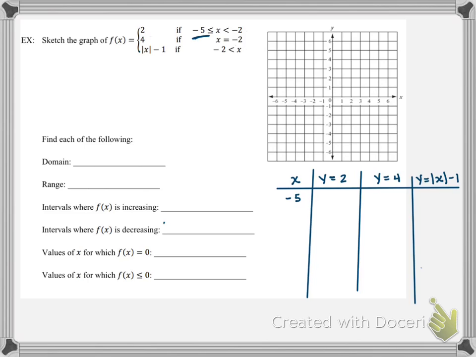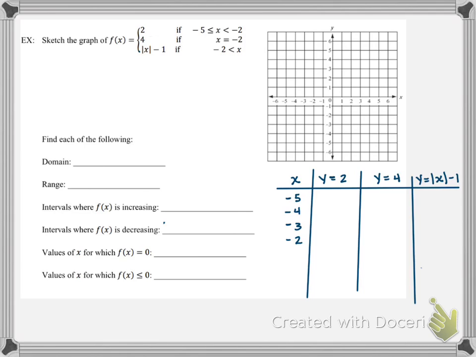And then the other value I see here is -2, so we're going to go up to -2. But then down here, this one is for all the values that are greater than -2. I have no right endpoint, but I still have to go beyond -2, right? Because all the values greater than -2 are accounted for.